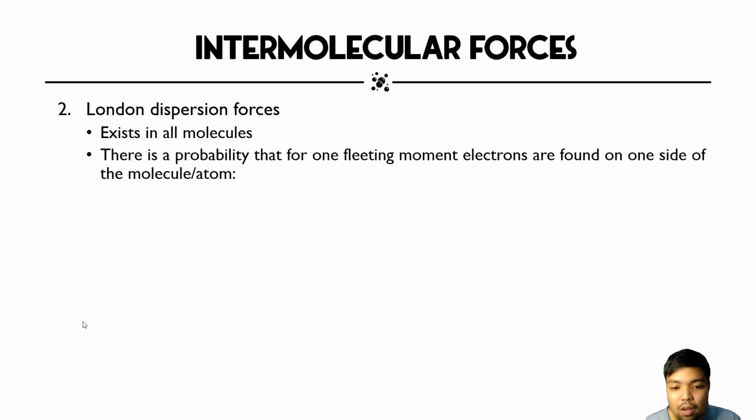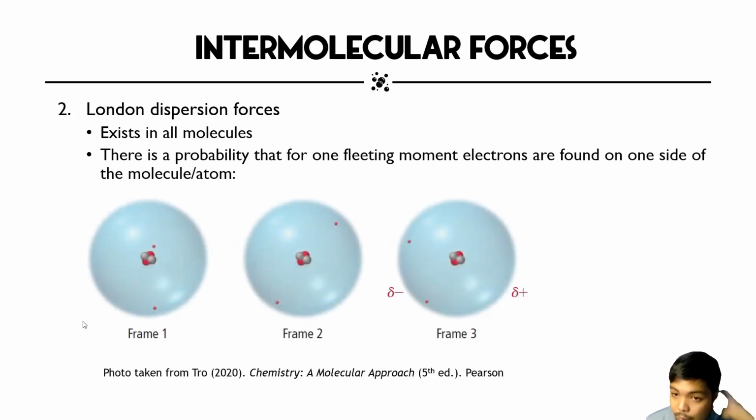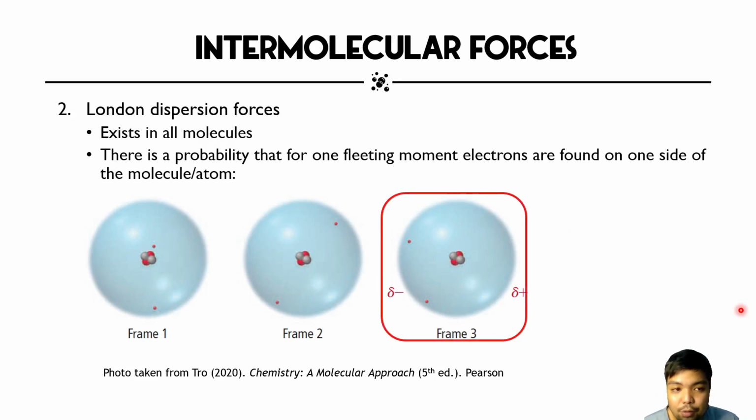So let's have an illustration here. Let's have a helium atom, for example. Now we know that electrons constantly move around within their respective orbitals in an atom. If we can freeze every moment that an electron moves, there will be one moment that both electrons of a helium atom will be located on one side of the atom, as in frame 3.